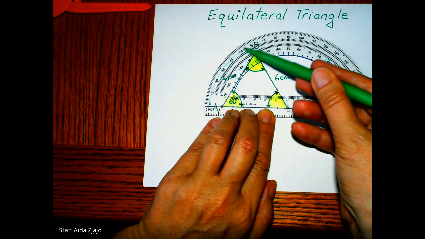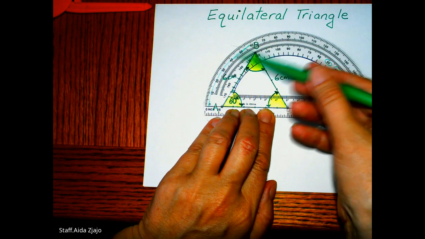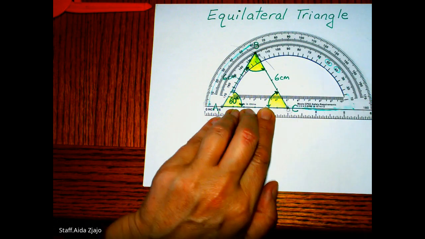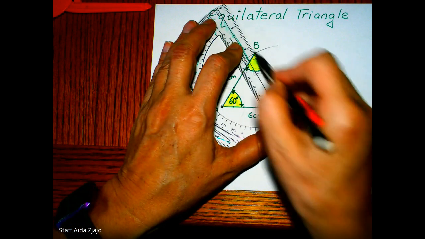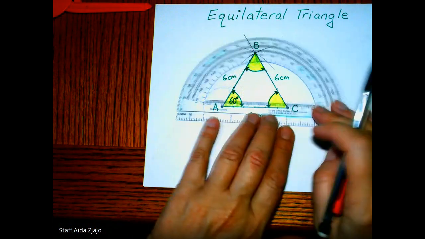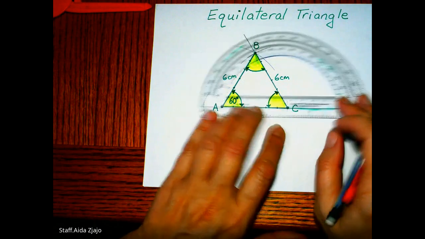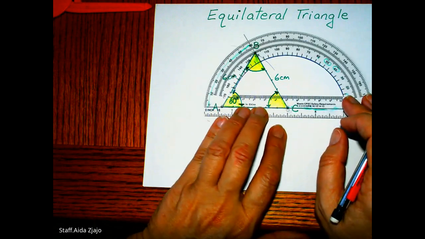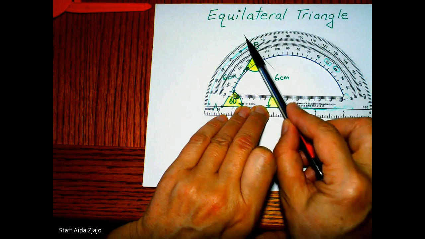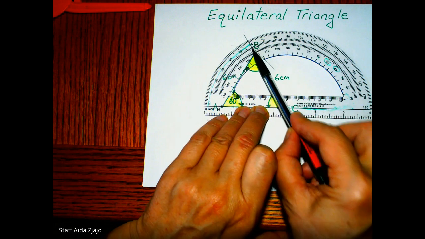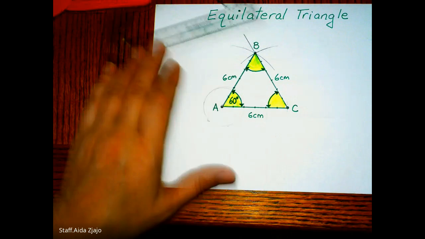If you're not sure that you are right, you can extend the line, and it will help you to really match with the measure of the angle. And as you can see, it's really pointing to 60 degrees. So this one is also 60.